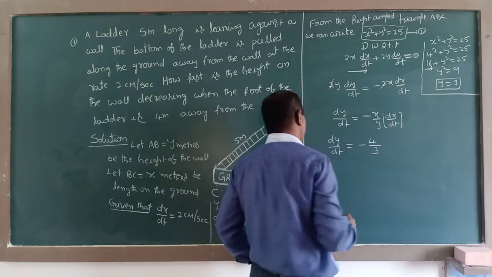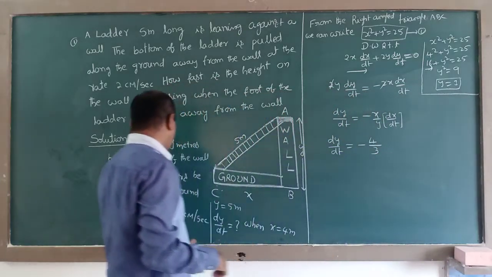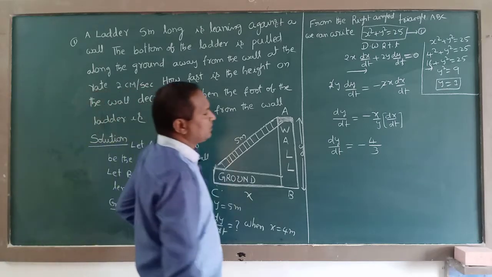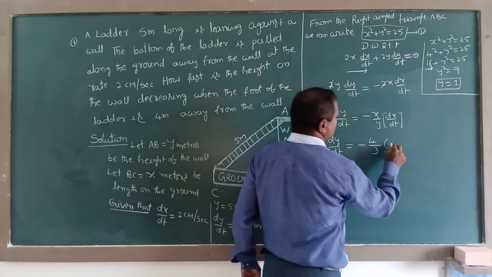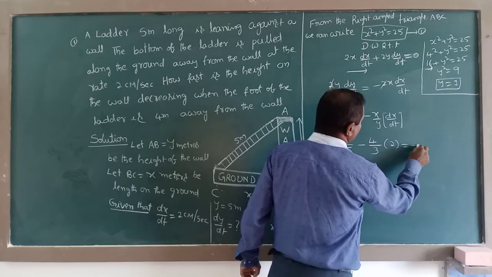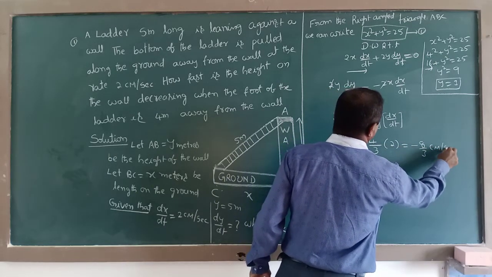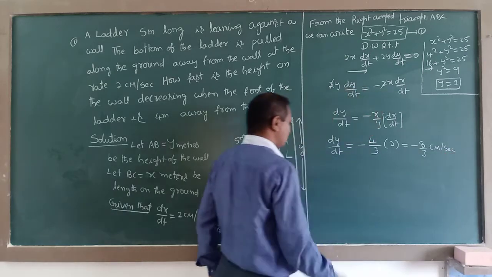At the same time they gave dx by dt value 2 centimeter per second, so instead of that we can write 2, is equal to minus 8 by 3 centimeter per second. That's what we can write.